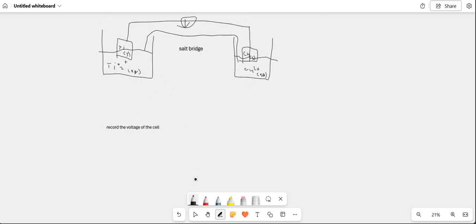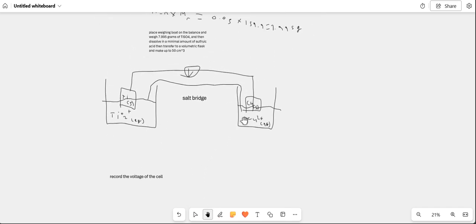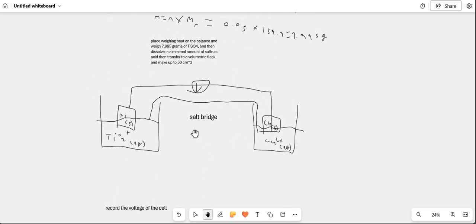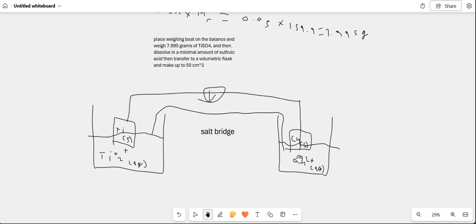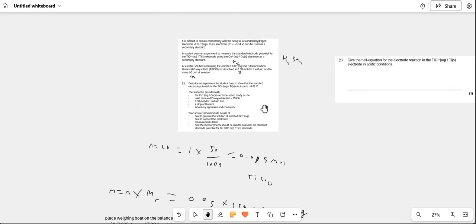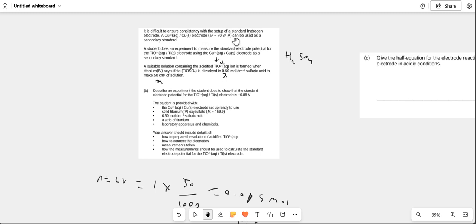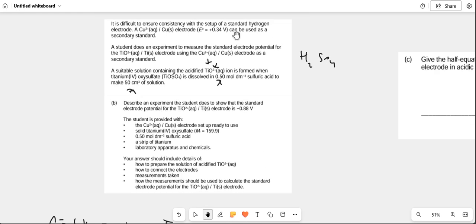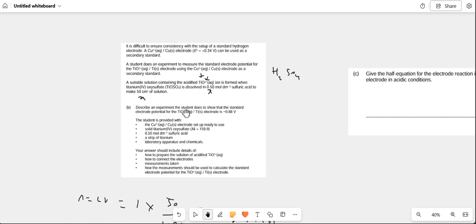And then obviously, copper is being reduced here, and titanium is being oxidized. It's always the one on the left that's oxidized, and the one on the right that's reduced. That's just how it goes, and we can tell that from here as well. Copper, the one here, is 0.34.